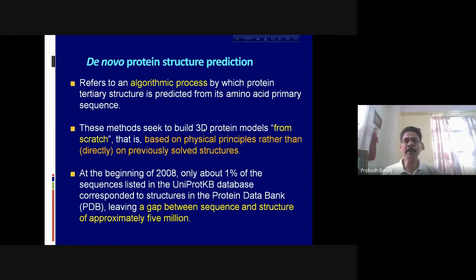So principles of physics and chemistry are used here to develop certain algorithms based on which the protein tertiary structure is determined by using certain mathematical models. So this particular process is called as de novo protein structure prediction or ab initio method. So we shall discuss about all these methods in little detail in the later class.